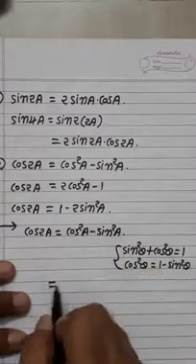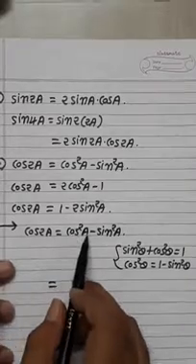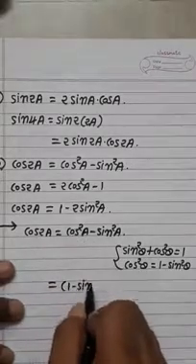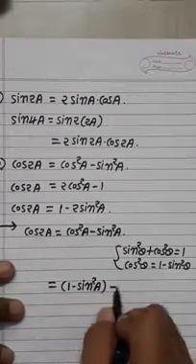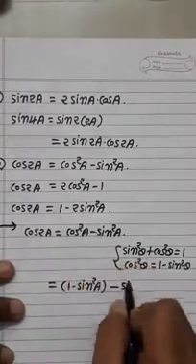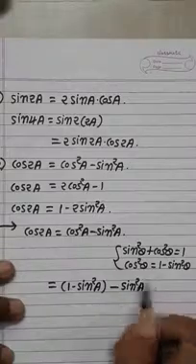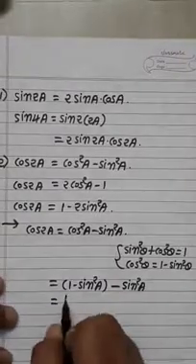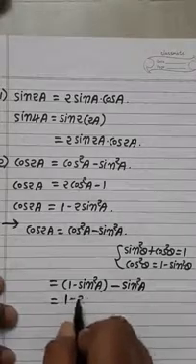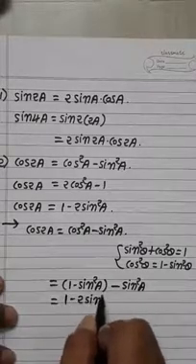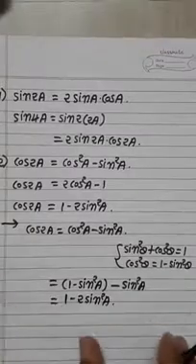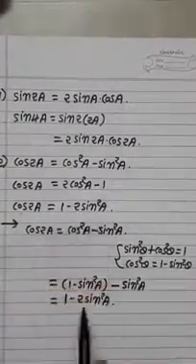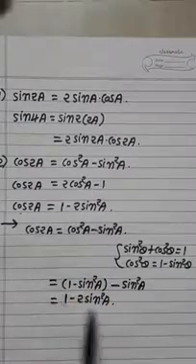So here cos square a in place, write 1 minus sin square a, minus sin square a, is equal to 1 minus sin square a minus sin square a, that means 1 minus 2 times sin square a. So our proof is cos 2a is equal to 1 minus 2 sin square a.